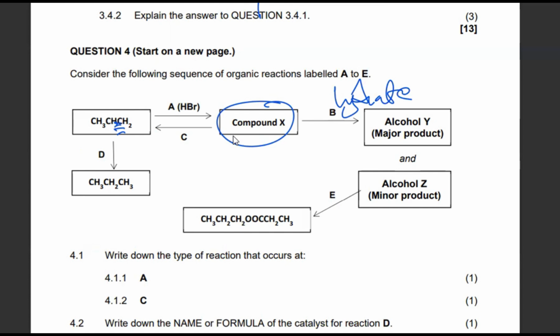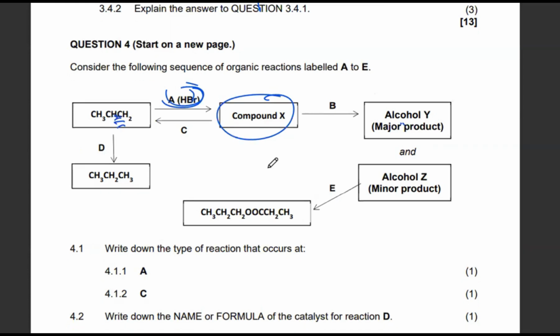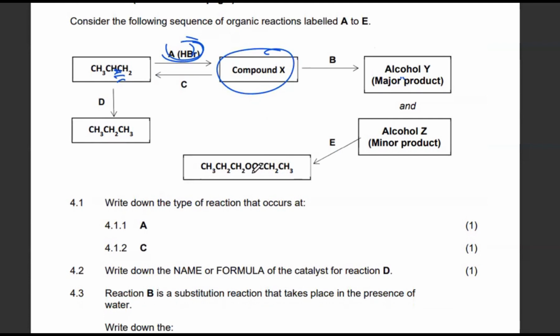If I change this to an alkyl, it means it is going to be hydrolysis using the base. We shall see that. You have to know those things in your head before you start writing about this.